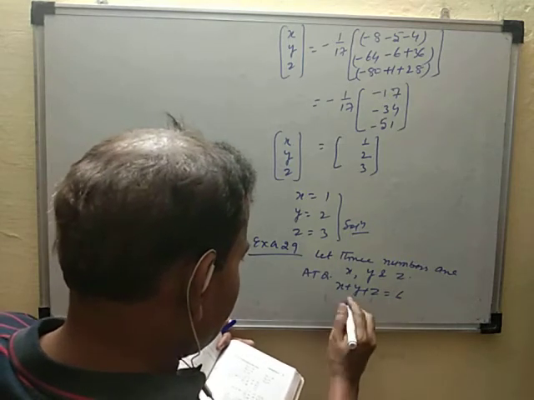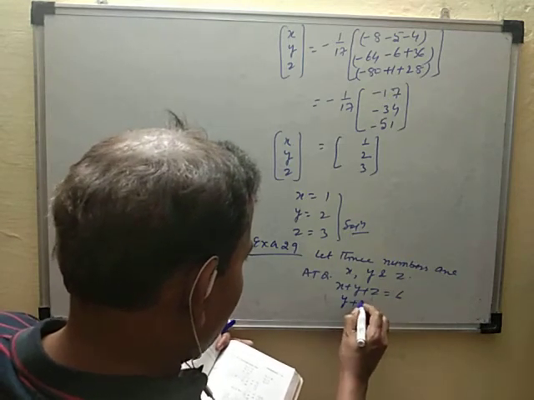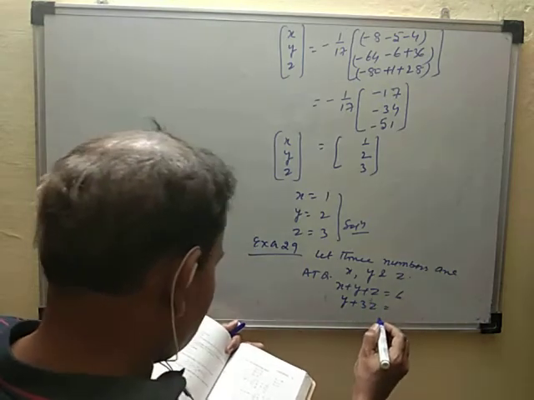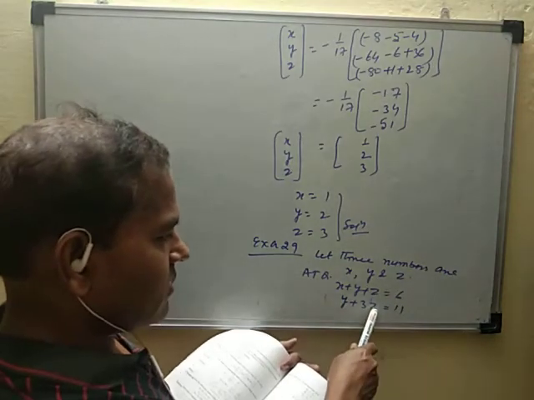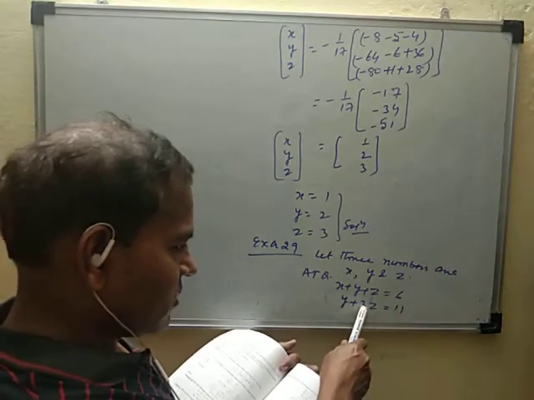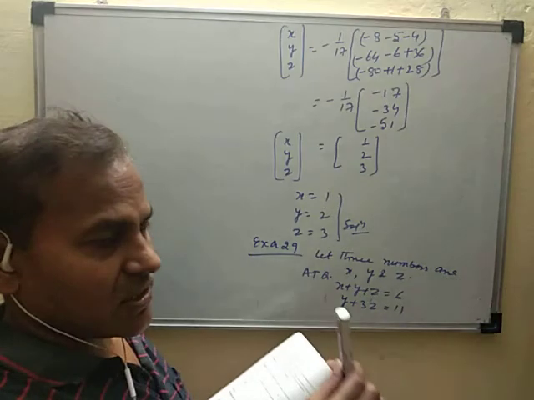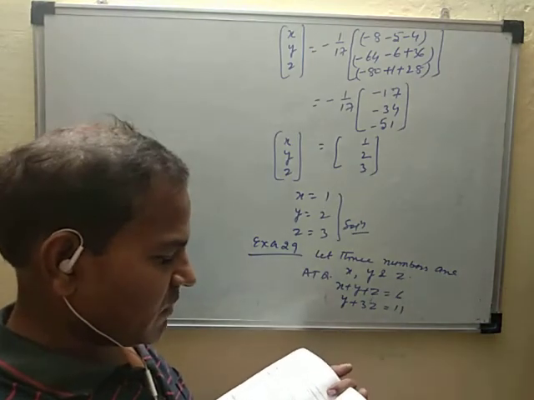So directly we can write y plus 3z is equal to 11. Multiply the third number by 3 and add the second number, whose sum is given as 11.